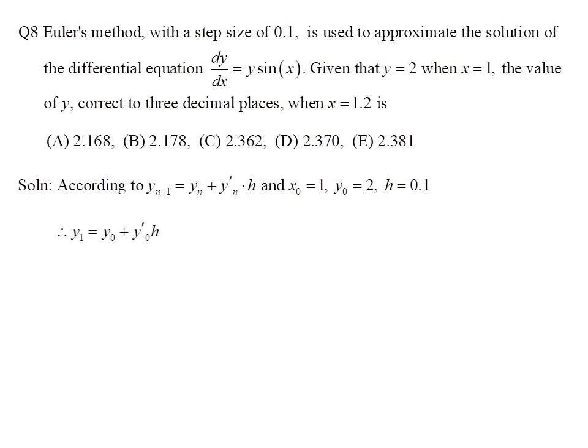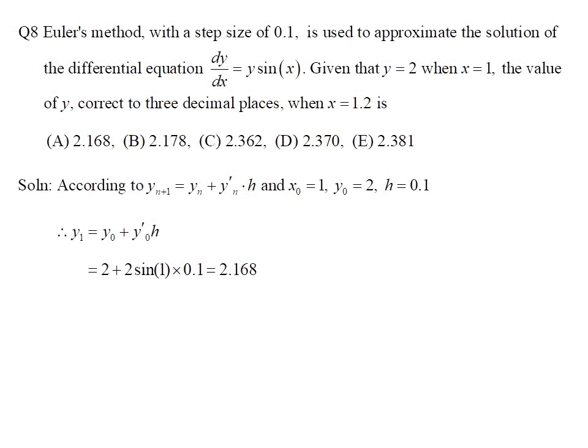Hence, the first step of approximation can be written as y sub 1 equals y sub naught plus y prime sub naught times h. After the values of x sub naught, y sub naught, and h are substituted, the value of y sub 1 equals 2 plus 2 times sine of 1 times 0.1, which equals 2.168.